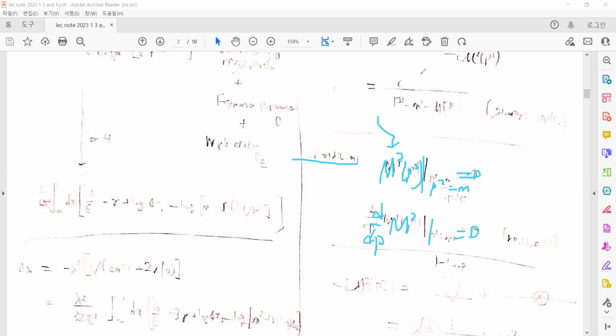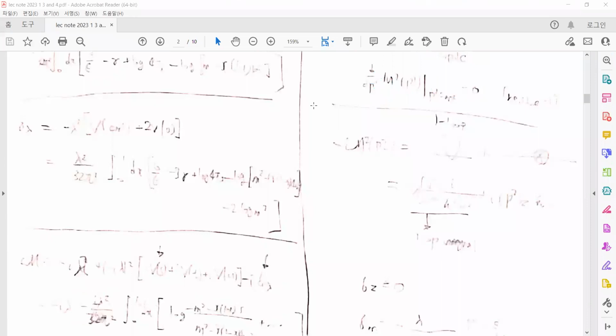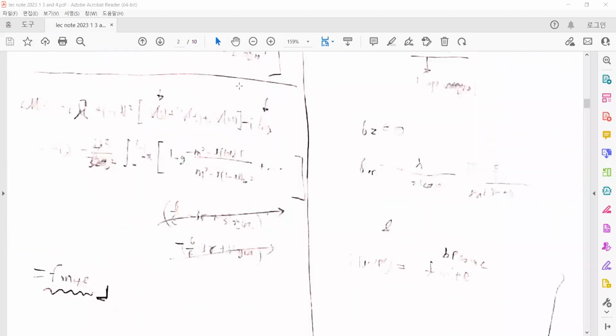By both of these conditions, we can obtain the counter term for the mass and the counter term for the normalization strength, the wave function renormalization, and the result is given like that, with delta Z, the counter term for the renormalization, equal to zero, and the terms are given as such.